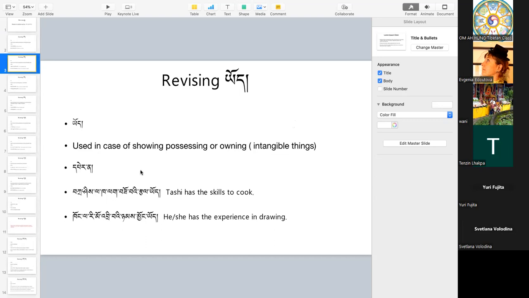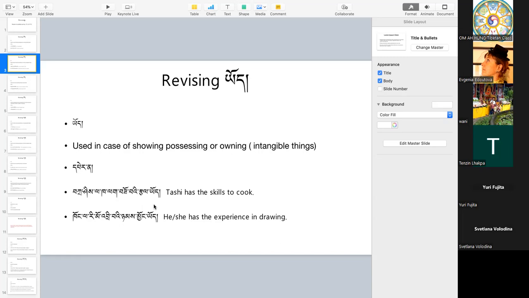So we see Tashila Kala Sube Zal Yö. Tashi has the skills to cook. In these things, the thing that is being possessed is intangible. And the confirmation of the possession is shown by this particle. All of the structure is the same.